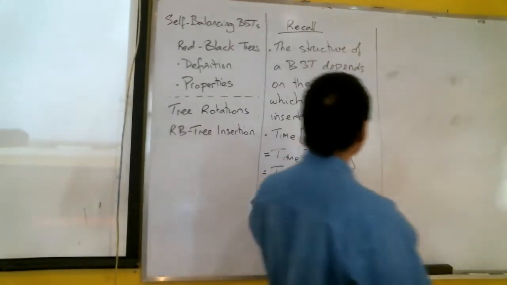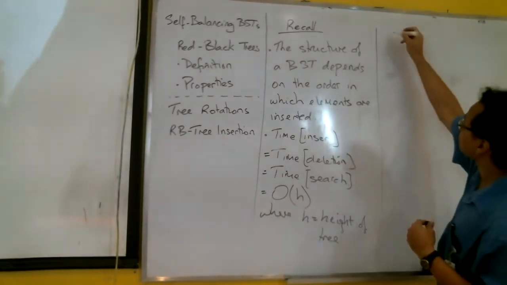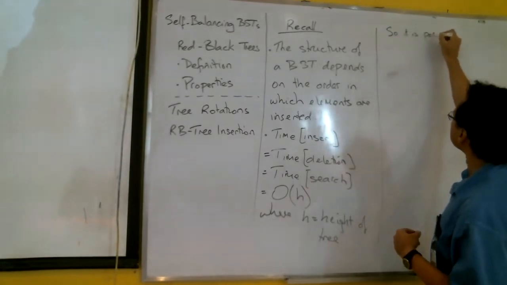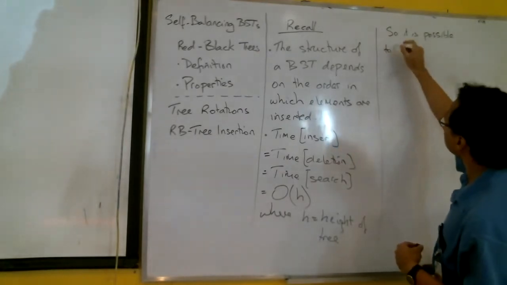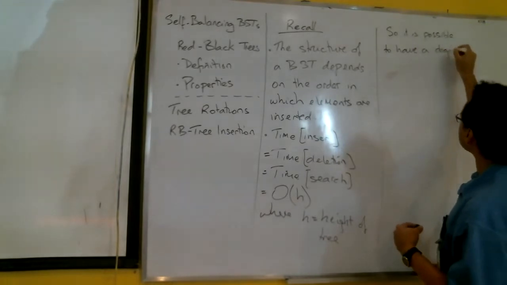Unfortunately, coupling these two observations together, because the structure depends on the order in which elements are inserted, it's possible to have what's called a degenerate tree.